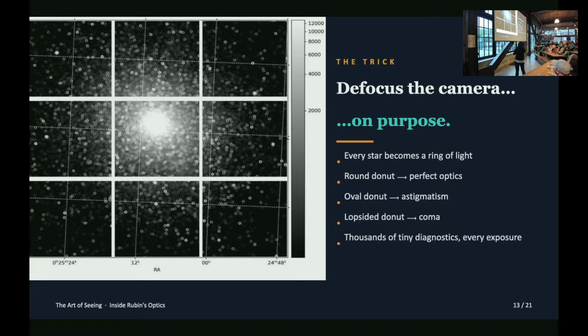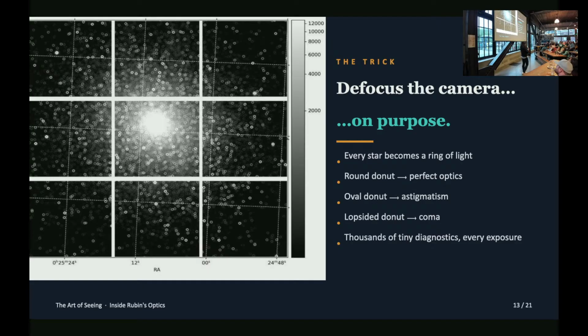If we are perfectly in alignment, that would mean our telescope is focused. However, if we're not completely focused, the donut starts to look oval shaped, or if it's lopsided, then we call it coma.